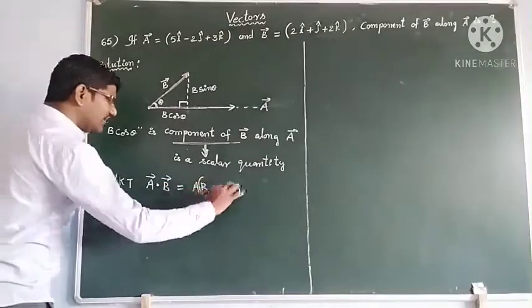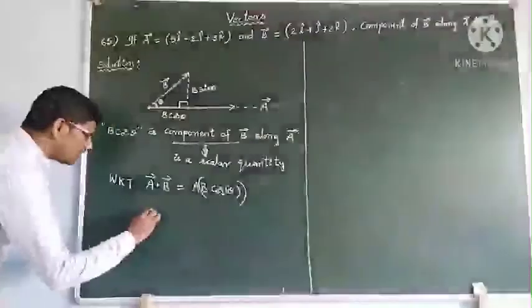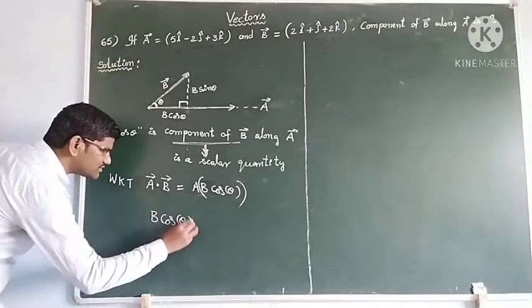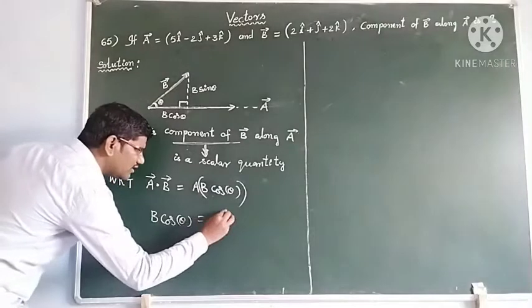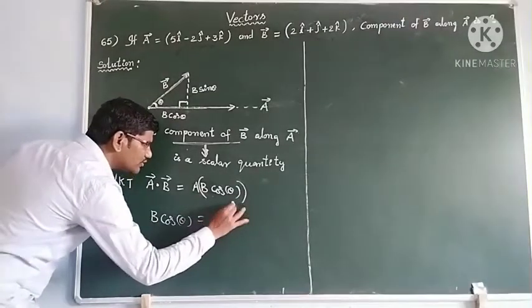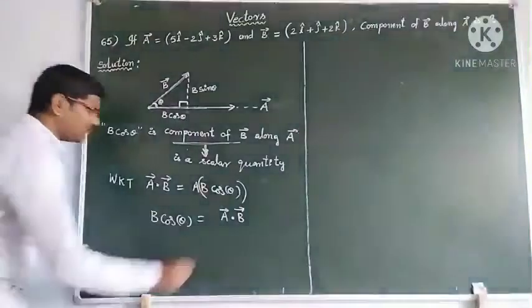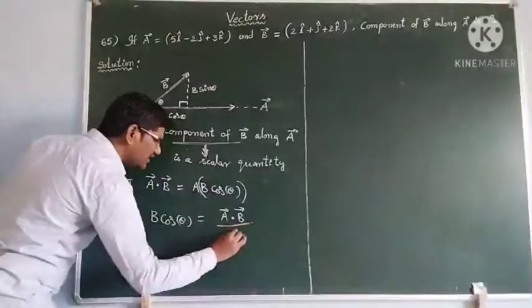Here the required quantity is b cos theta, so make b cos theta the subject. We get b cos theta equal to a bar dot b bar by a.